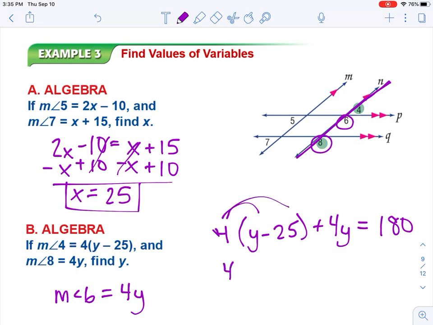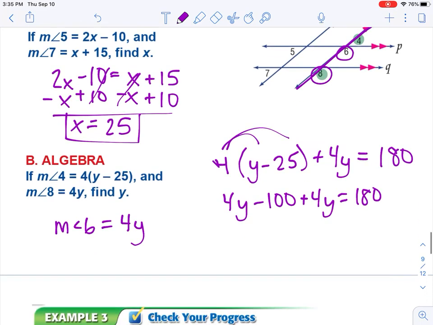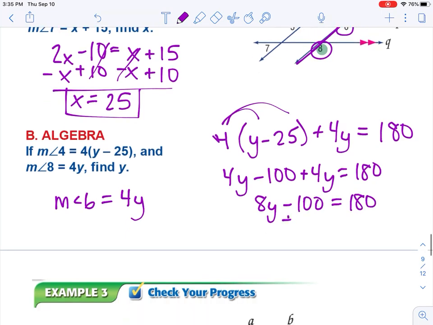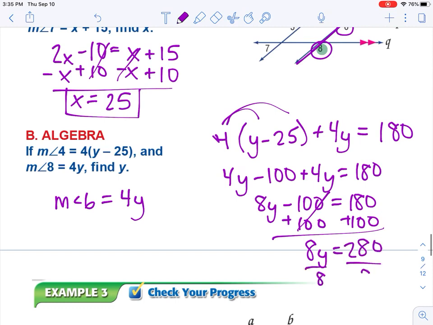I distribute: 4y minus 100 plus 4y equals 180. 8y minus 100 equals 180. Add 100. Divide by 8. So y will equal 35.